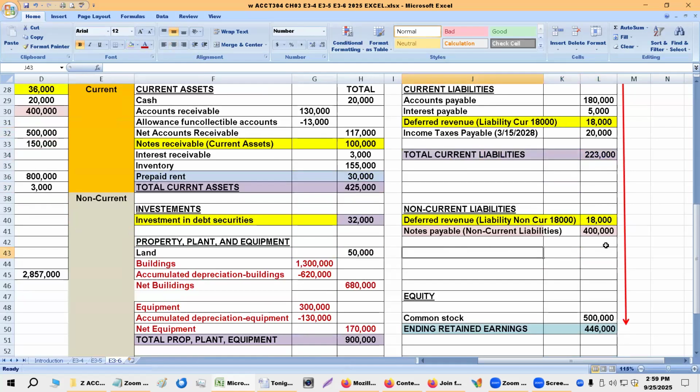And we'll have total non-current liabilities. 418.